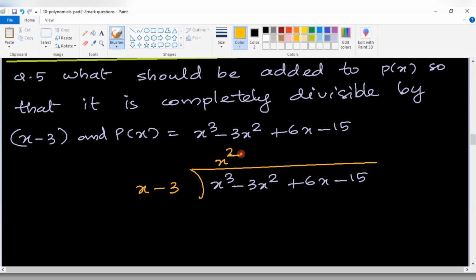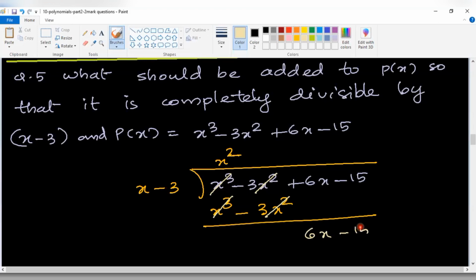So x square into x is x cube, and x square into minus 3 is minus 3x square. Next we do subtraction. x cube gets cancelled, x cube is gone. Minus 3x square minus minus 3x square, both are the same, no? So what we have is 6x minus 15.